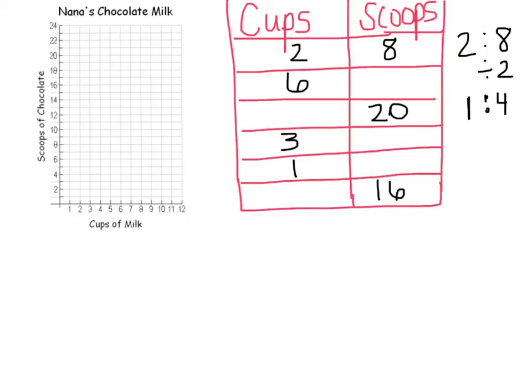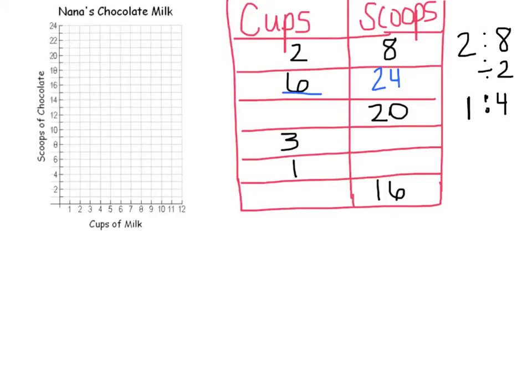So now let's fill in our table for cups and scoops. We have 2 to 8. And so for every 6 cups, how many scoops are we going to want? So if 1 cup is 4 scoops, then 6 cups is going to be 6 times 4, which is 24. Now let's look at this one.